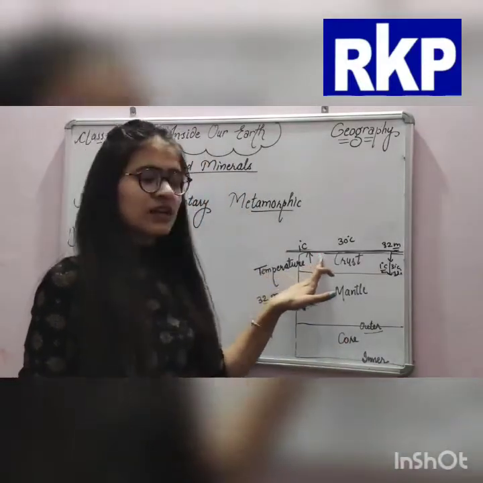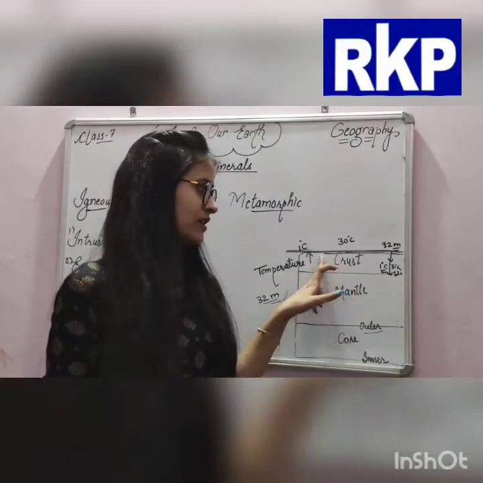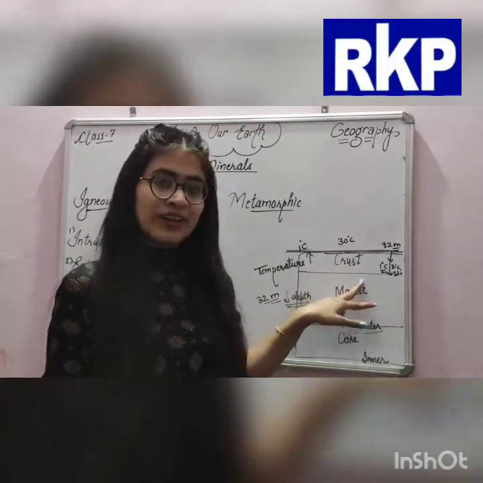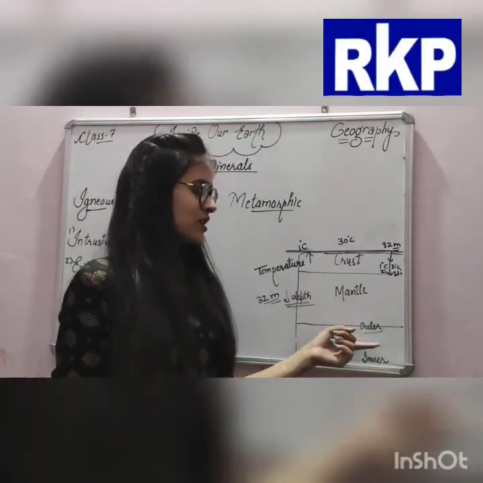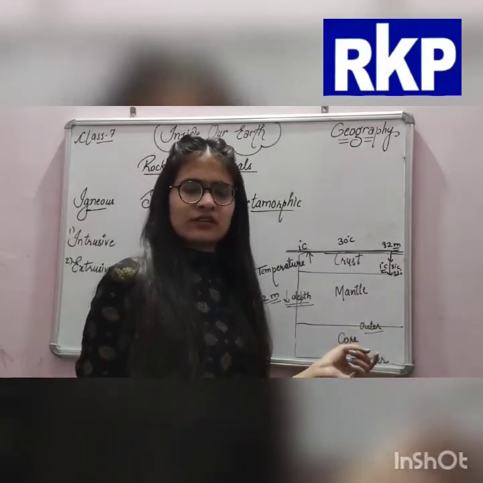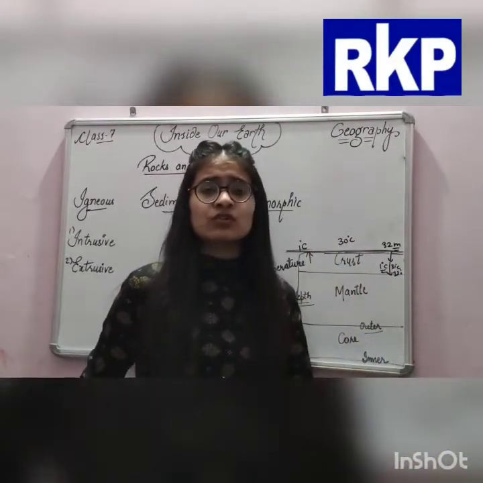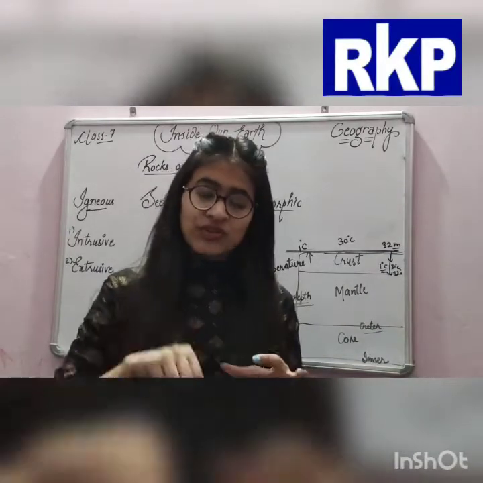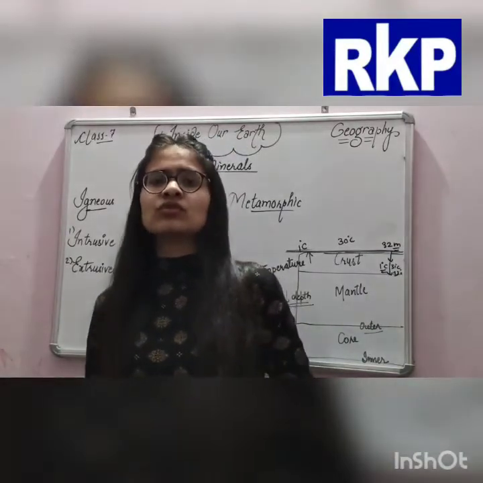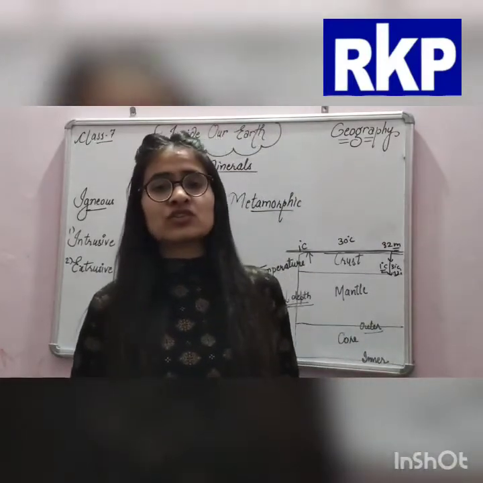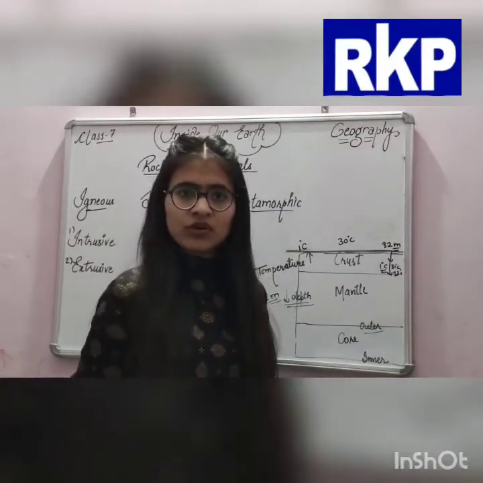And this is 35 kilometers deep. This is 2,900 kilometers, and this is around 3,500 something kilometers. So if we want to go to the deepest layer, you will have to dig 6,000 kilometers on the ocean floor.